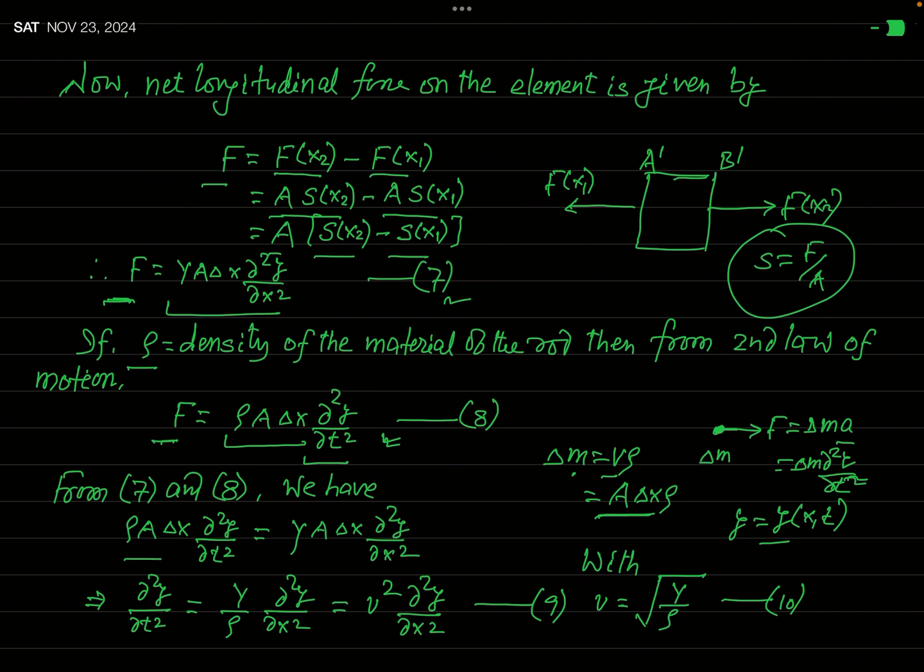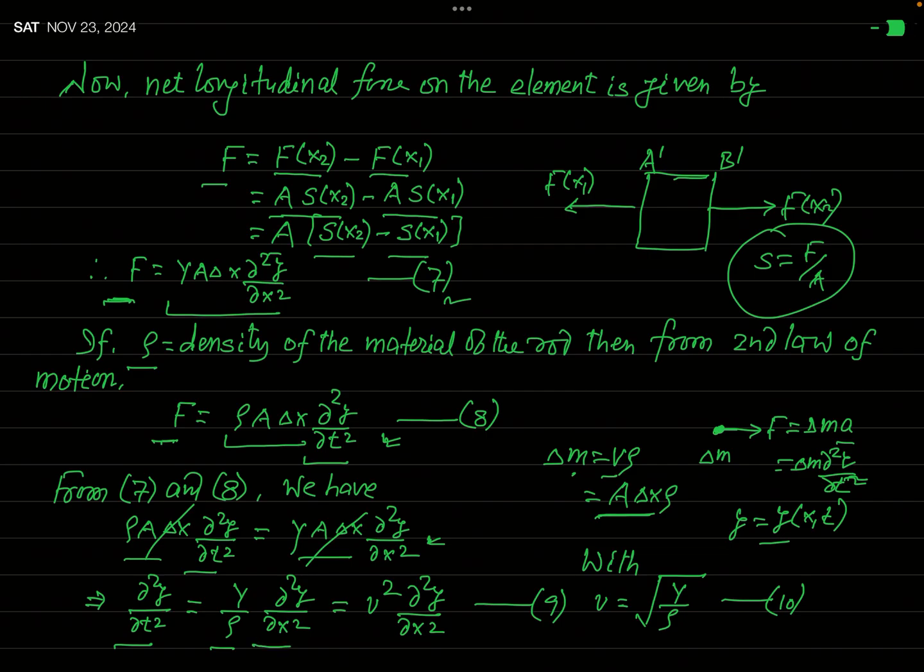When you equate them, you can see this will be rho A times delta x times del 2y by del t square equal to capital Y A times delta x del 2y by del x square. Now here A times delta x will cancel out, and therefore you can see del 2y by del t square is equal to Y over rho times del 2y by del x square.